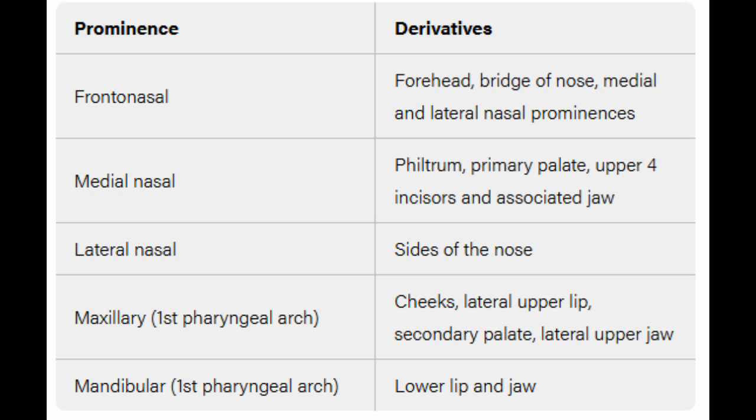And the frontonasal process forms mainly the forehead and the dorsum of the nose, and the maxillary processes fuse with the opposite side and also with the medial nasal process, forming the intermaxillary segment, and also on the lateral side they form the cheek, and later between 6th and 8th week the development of the palate starts. Okay, so this is the development of the face in short.